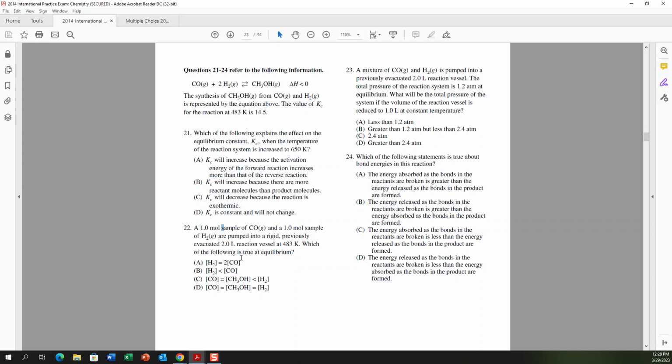All right, so if you only start with the reactants, the reaction has to proceed to the right to reach equilibrium.